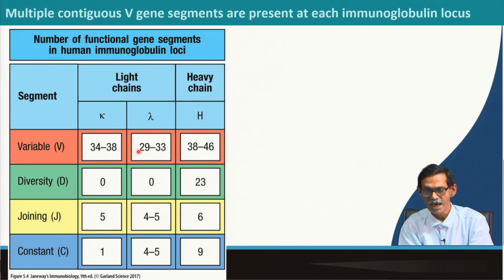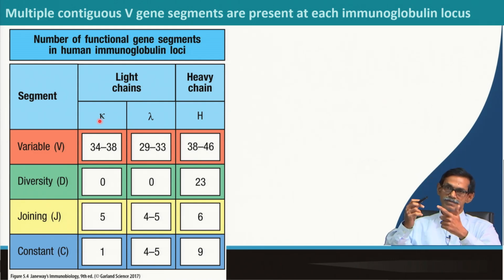Okay. And for the lambda light chain we have 29 to 33 variable regions and 4 to 5 joining regions. So, in total if you consider the light chain it may be that, but in any particular antibody the light chain should be either kappa type or lambda type.